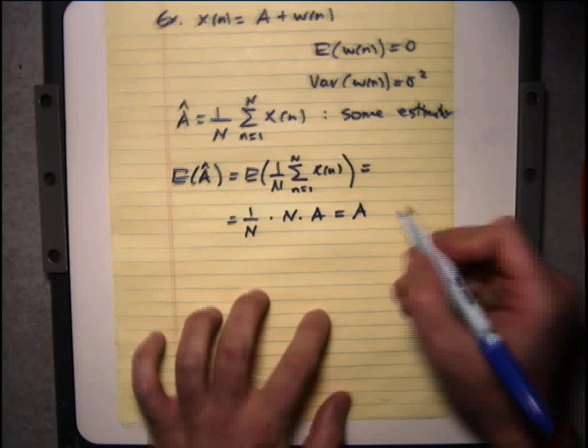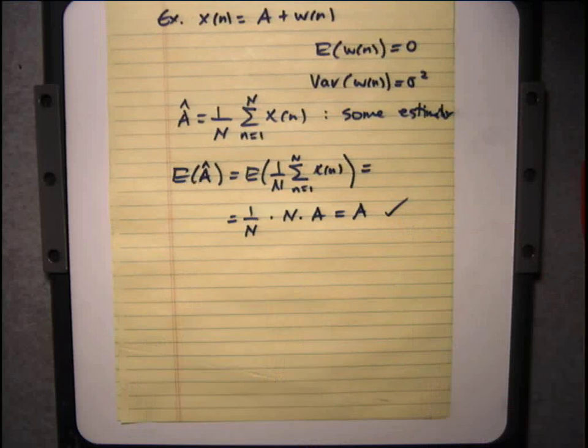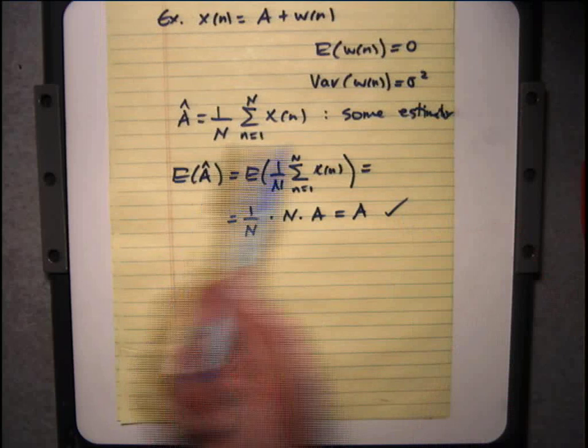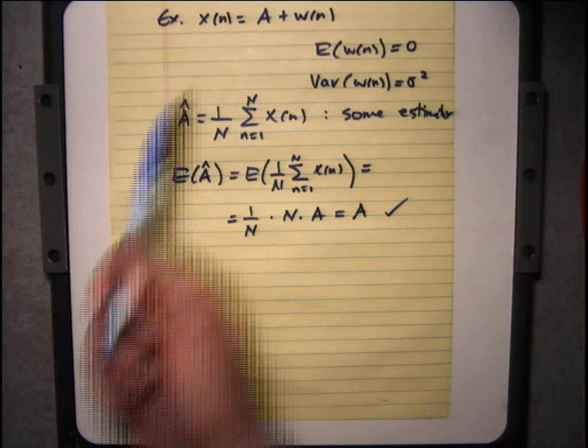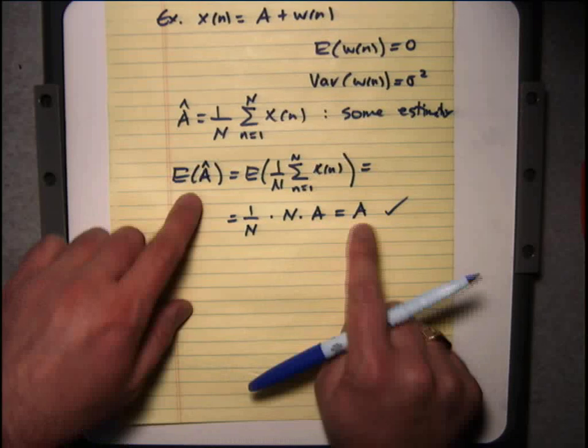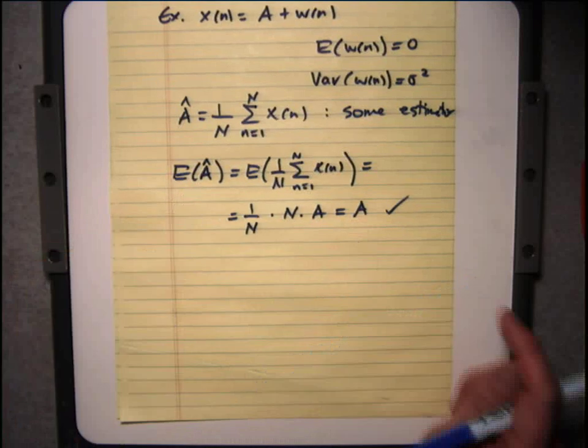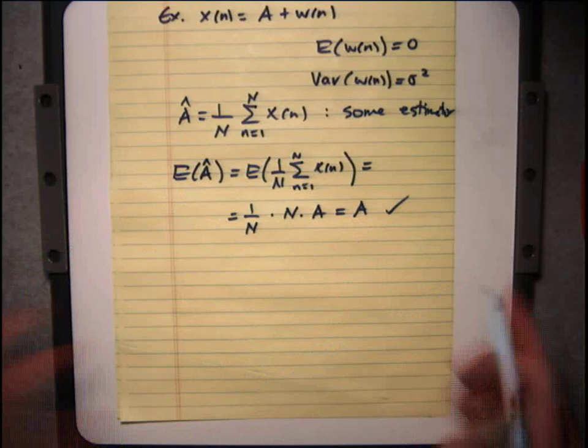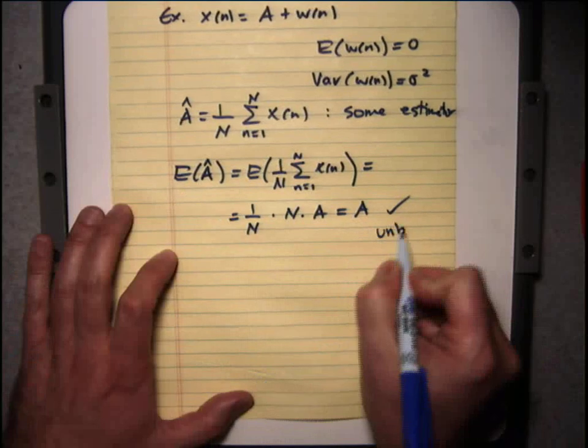So that's the right answer, right? So this is a somewhat arbitrary estimator that I picked, and it turns out on average, it gives you the right answer. The estimator that on average gives you the right answer is called an unbiased estimator. Okay? So this is what we call unbiased.